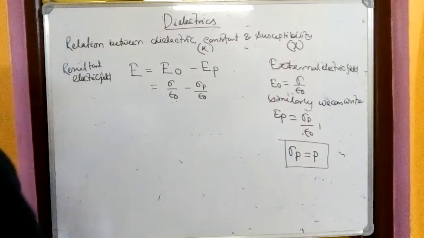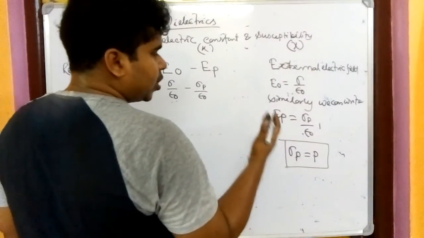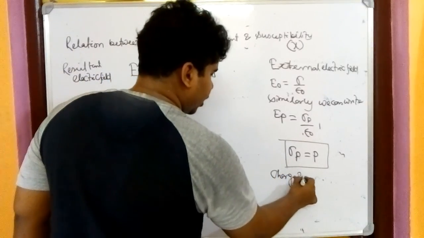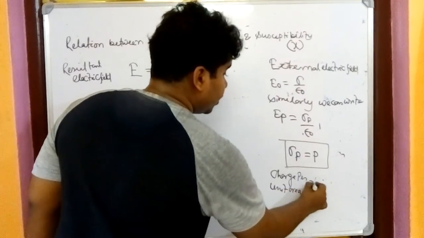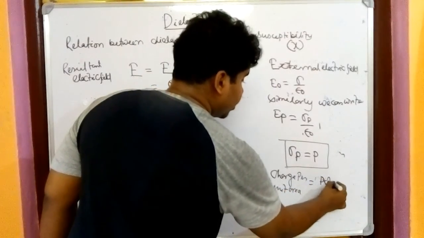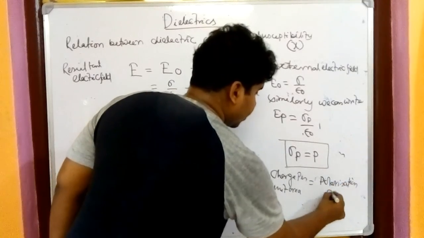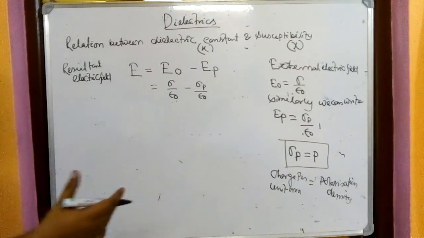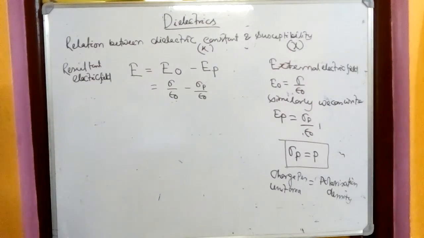That also is proved. In the previous part we have shown that sigma P, that is charge per unit area, is equal to polarization density. We have just proved polarization density equals dipole moment per volume, and from there we have seen it is equal to charge per unit area.